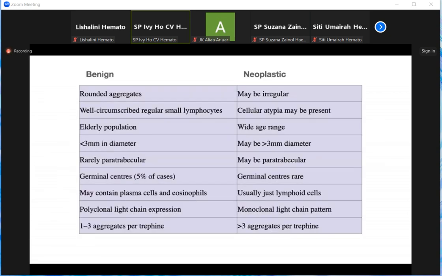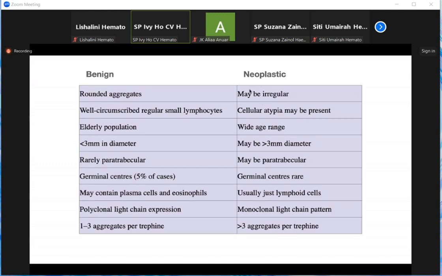Now, how do we differentiate whether these lymphoid aggregates are benign or neoplastic? We talked about the number permissible within normal, but morphologically there are certain things that can help us. First of all, the benign ones tend to be more rounded, whereas the neoplastic aggregates will be irregular.